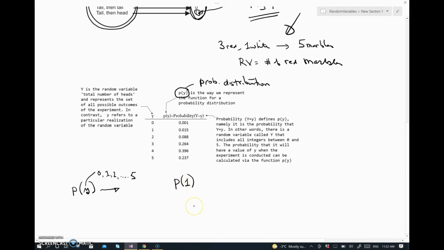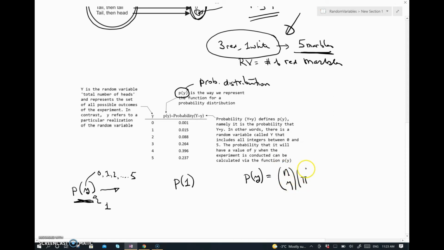So let's look at P(1). We've got this function, P(Y). We substitute the value 1 for Y, and what we want is the probability of getting 1 red marble if we draw 5 marbles from a sack with 3 red and 1 white marble. We do that sampling with replacement. The answer to this is, in a general sense, the binomial distribution: P(y) is equal to n choose y, pi to the y, times 1 minus pi to the n minus y.